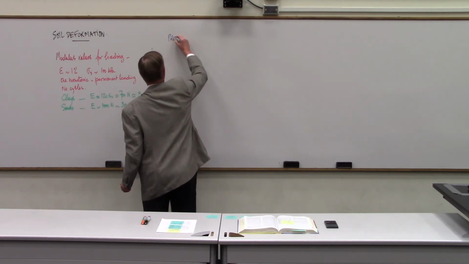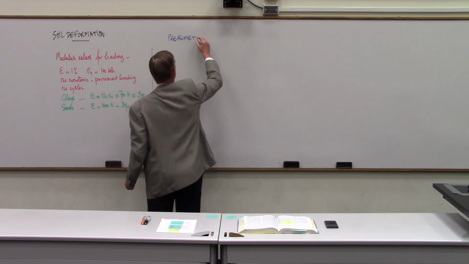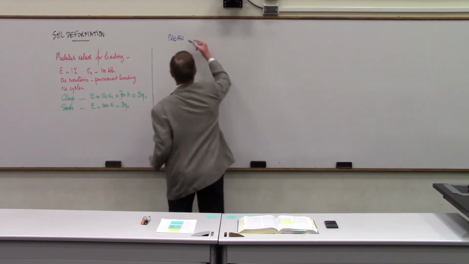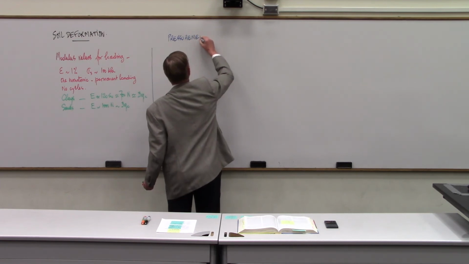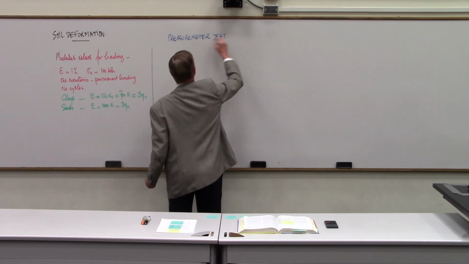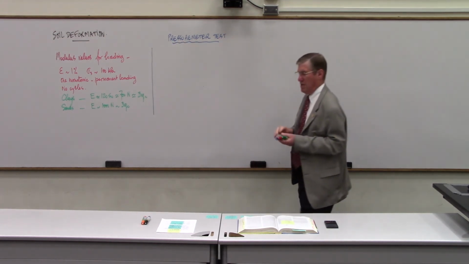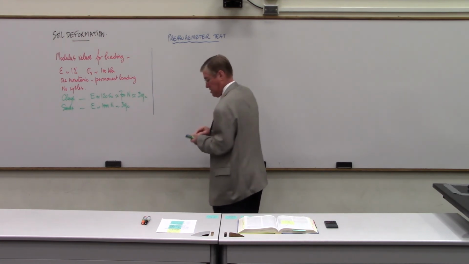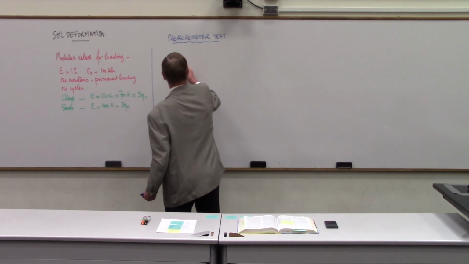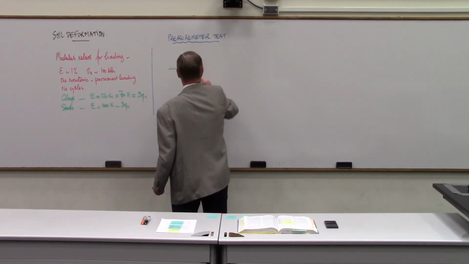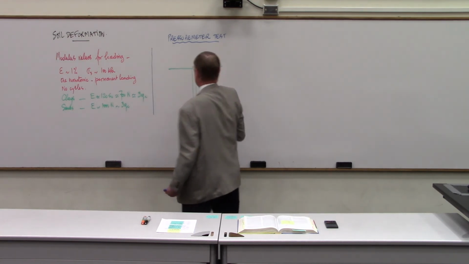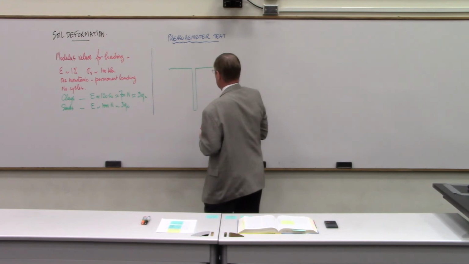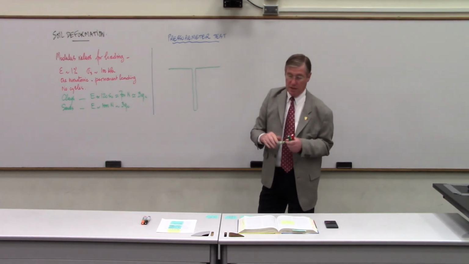The pressuremeter test was invented about 50 some years ago, and it consists of drilling a hole in the ground, about 75 millimeters around, and lowering into the open hole a cylinder that can be expanded.